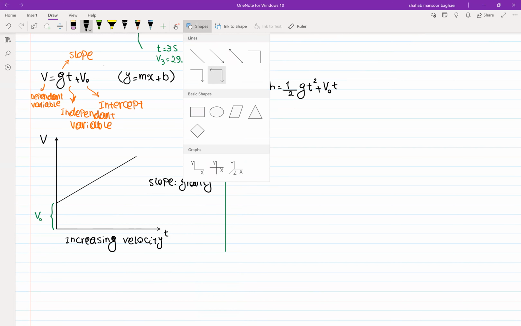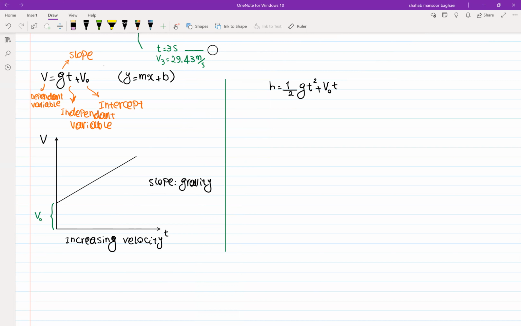What kind of geometry is it? If you remember, I have told you regarding this equation, if you have t square, you don't have a line. This is a curve called parabola.